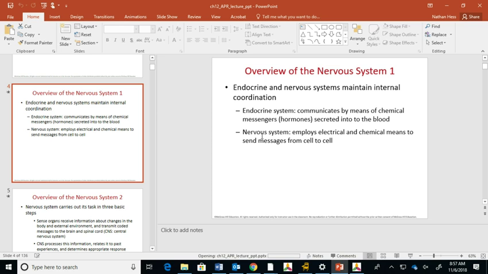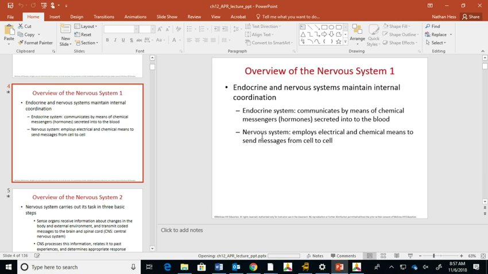The breakdown is we're talking about coordination, internal coordination, this unit. And the two systems that do that are the nervous system and the endocrine system. So the endocrine system won't be till next semester. But the nervous system, of course, is what we're dealing with.